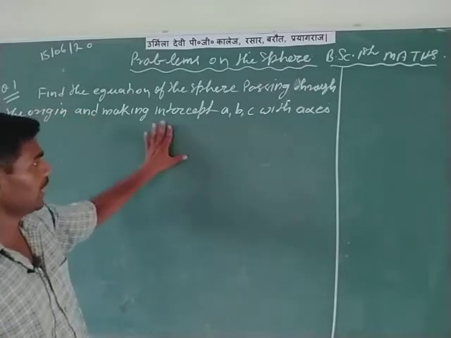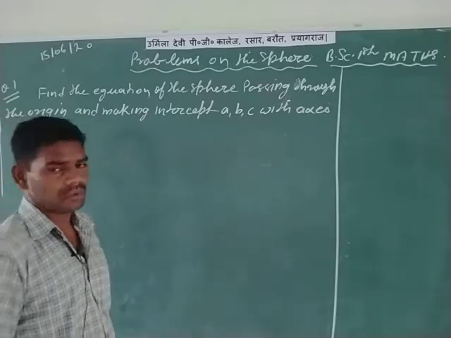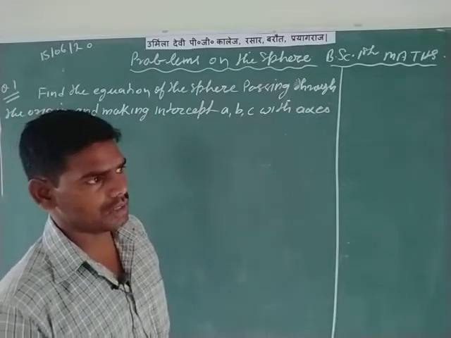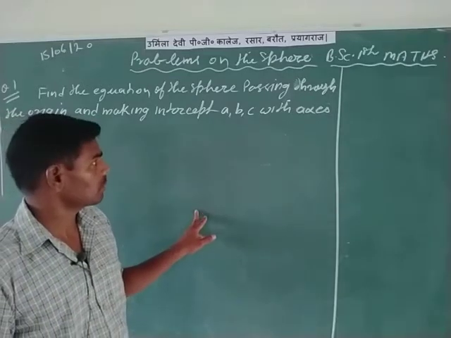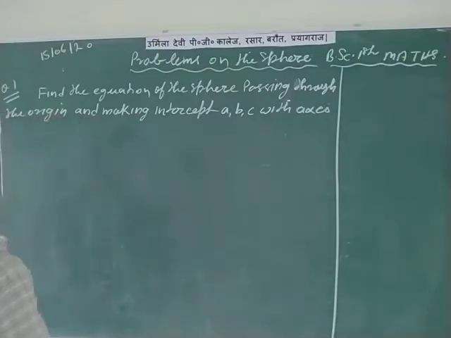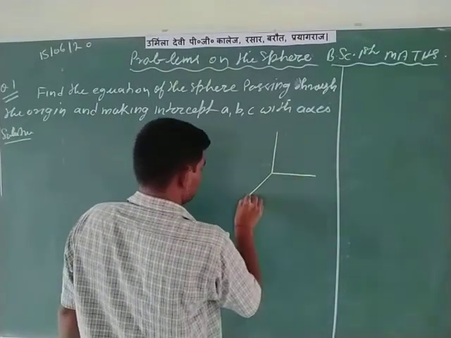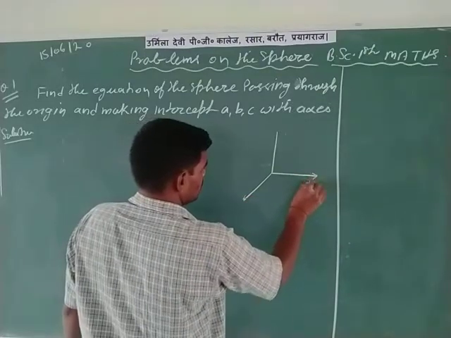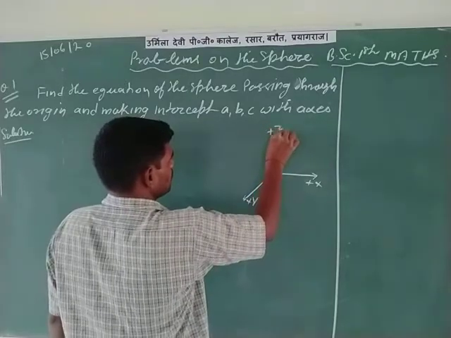So, find the equation of the sphere which passes through four points. The first point is the origin O, the second point is A, the third point is B, and the fourth and last is C. In the solution, draw a figure with the positive x-axis, positive y-axis and positive z-axis.